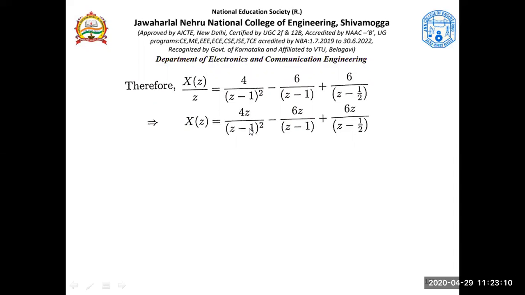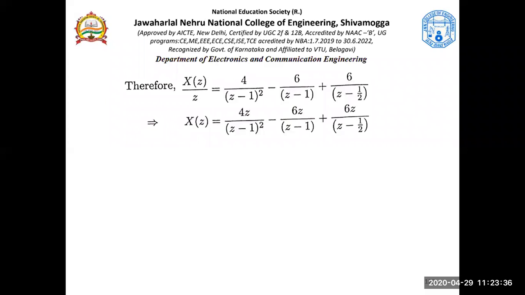Fine. Now there is a square term in the denominator, which is something that is rare in the examples that we have seen so far. So what is the inverse z transform of this? What is the inverse z transform of z by (z minus 1)? The inverse z transform of z by (z minus 1) is u of n, provided the region of convergence is outside the circle.